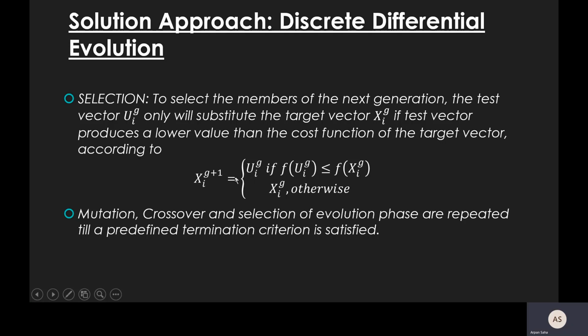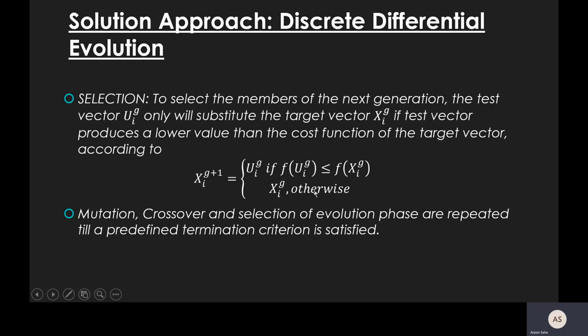In the G+1th generation, we will choose the test vector of the gth generation if the test vector of the gth generation gives better performance than the x vector of the gth generation. Otherwise, we will go for the target vector only. As this is a minimization objective problem, this sign is written as less than or equal to. Otherwise, in case of a maximization problem, this sign would be greater than or equal to.